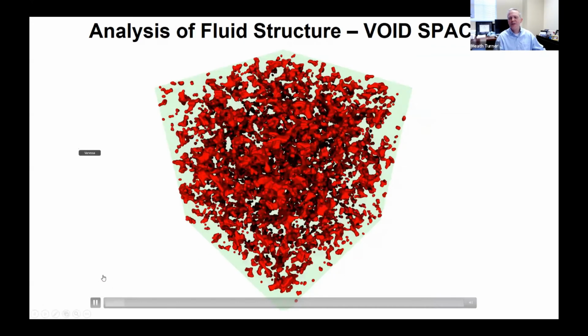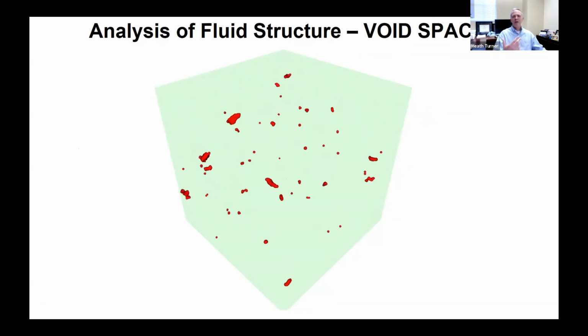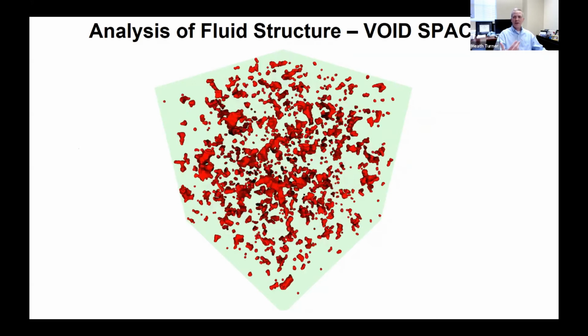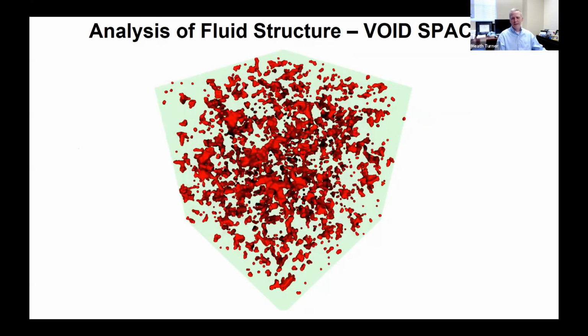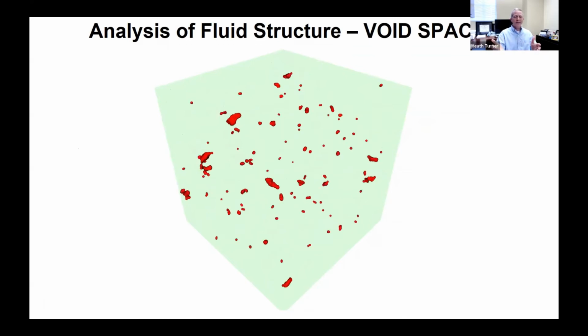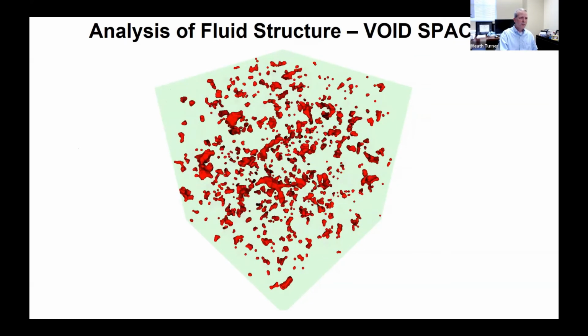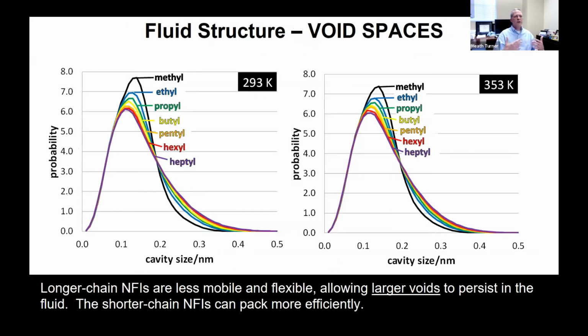So what we can do is we can look at the fluid. This is a liquid solvent, but we can look at the fluid structure, the void spaces in the solvent. And this is really just a static fluid structure here where you can perform this type of analysis. But what you can do is you can do this hundreds or thousands of times.